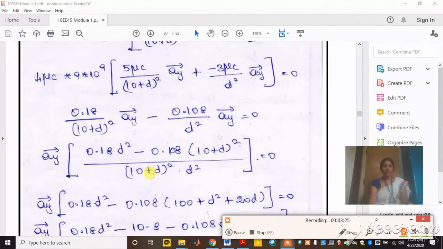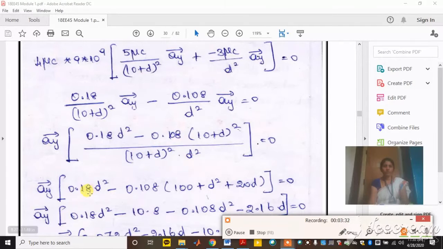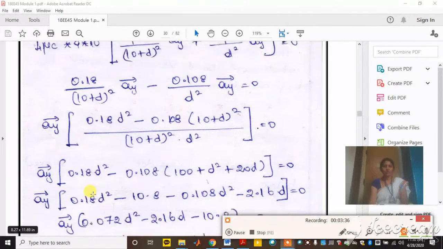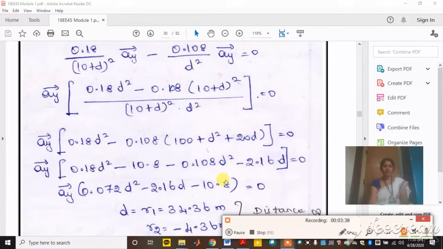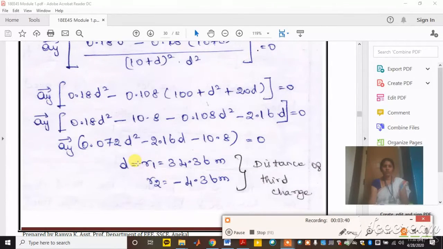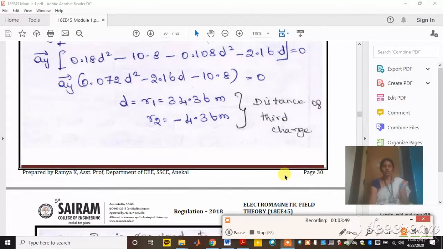When you take the denominator term to the right-hand side, it is 0. So we can form a quadratic equation of the form d square plus d plus some constant term. When you solve it, you will get two roots: R1 is equal to 34.36 meter and R2 is equal to minus 4.36 meter. It is the distance of your third charge.